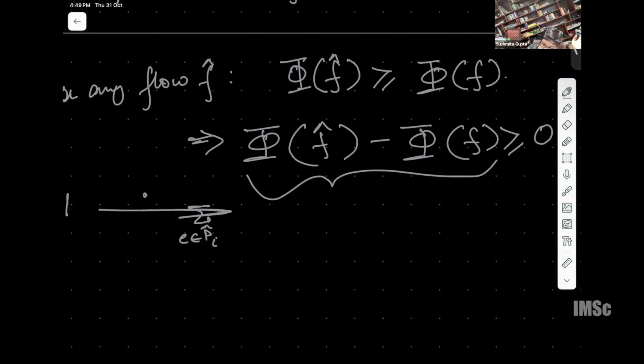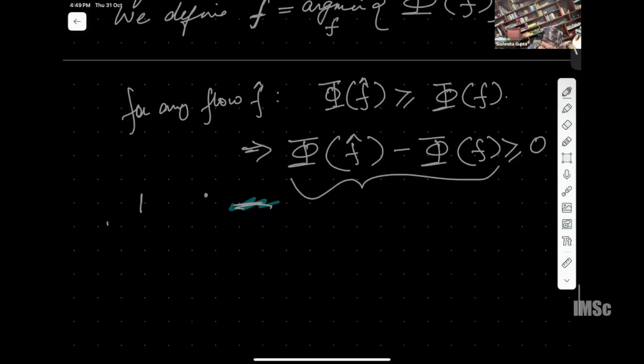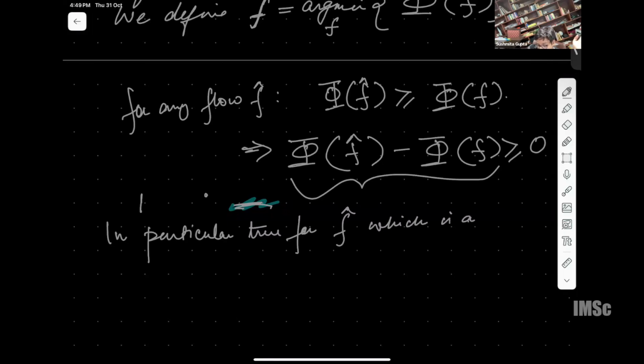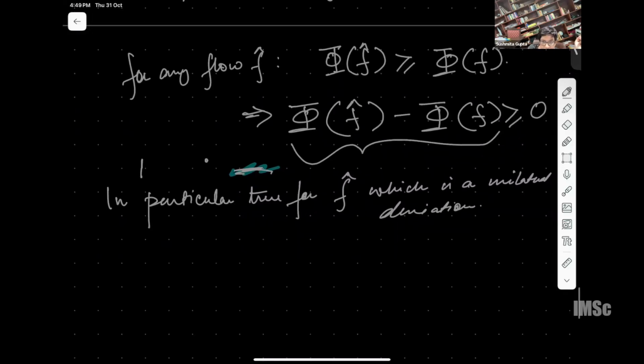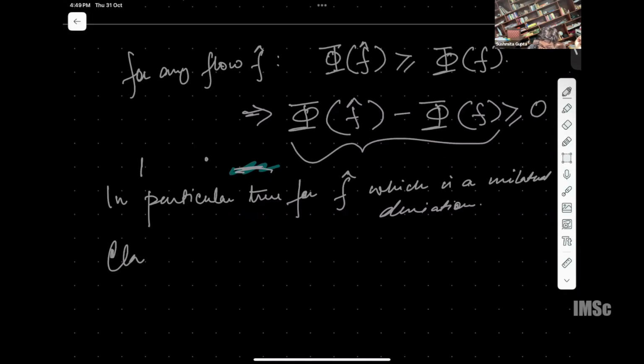In particular, it is true for f hat, which is a unilateral deviation. Unilateral deviation means exactly one agent is changing, right? So by claim, the left-hand side is equal to the increase in cost.